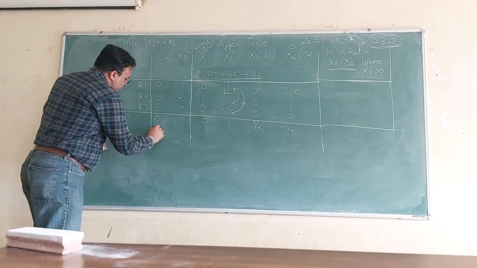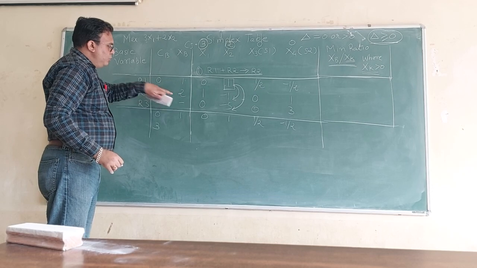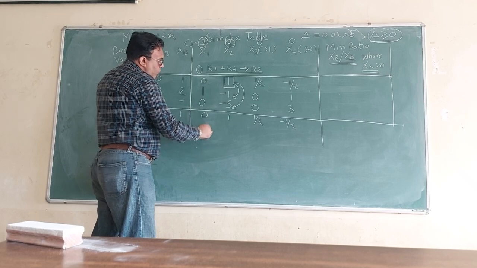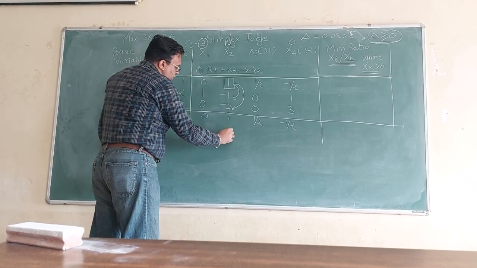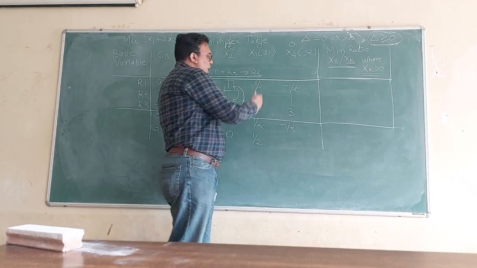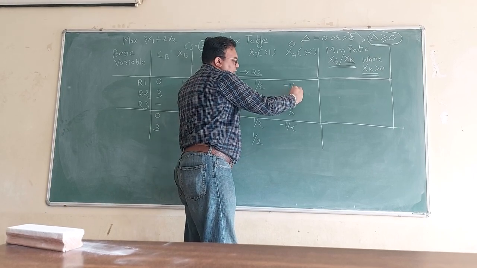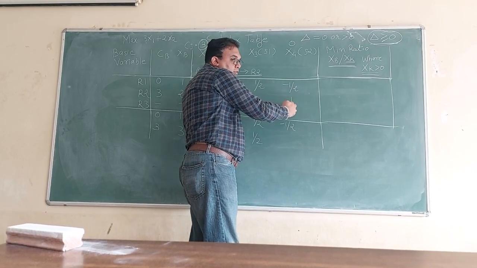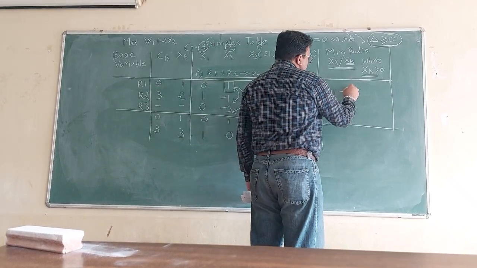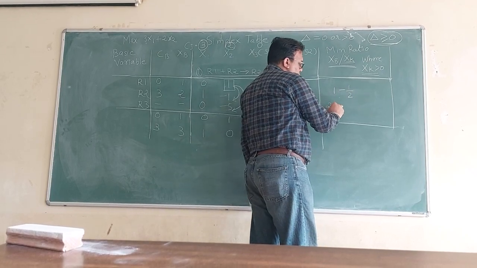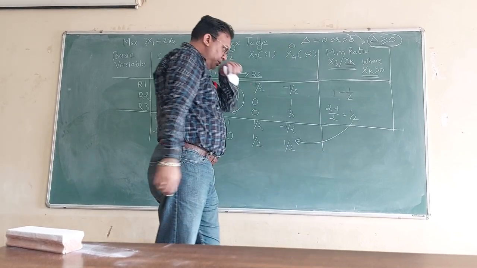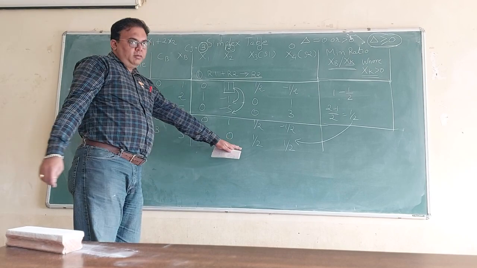So 0 plus 3, 3; 1 plus 2, 3; 0 plus 1, 1; 1 plus 1, that is 2; half plus 0, half; minus half plus 1, that is also half. Take LCM: 1, 1, minus 2, 2 into 1, 2, minus 1 divided by 2, so 1 by 2. So this 1 by 2 is over here. Clear? So this is all about the second row.